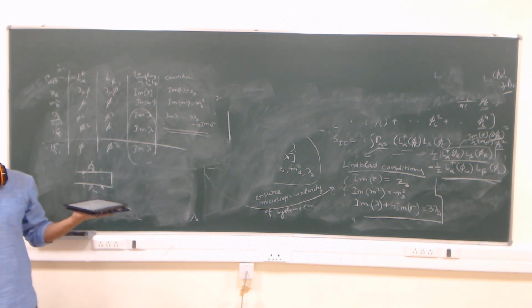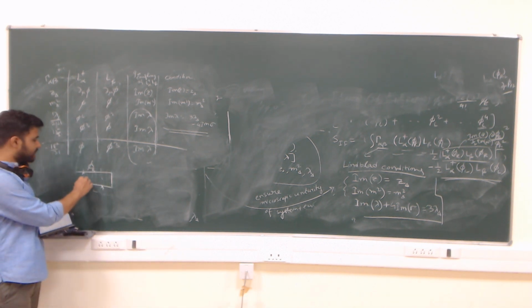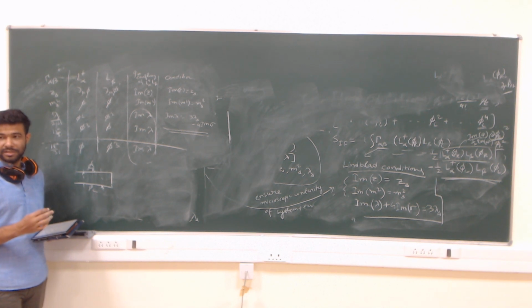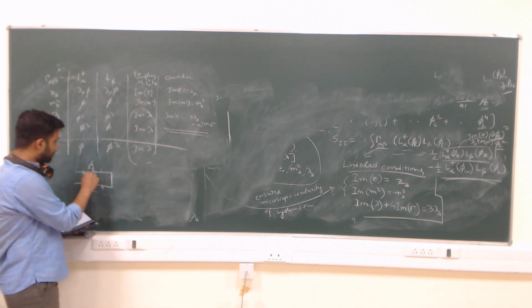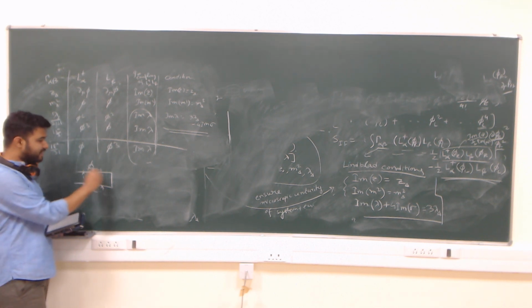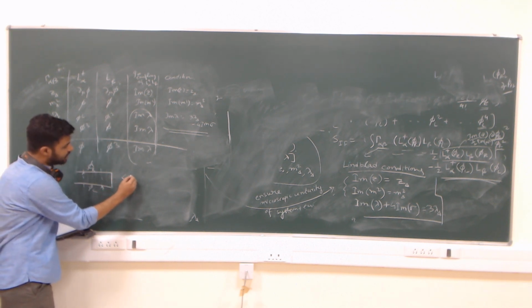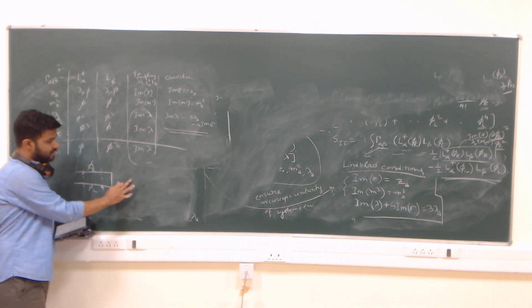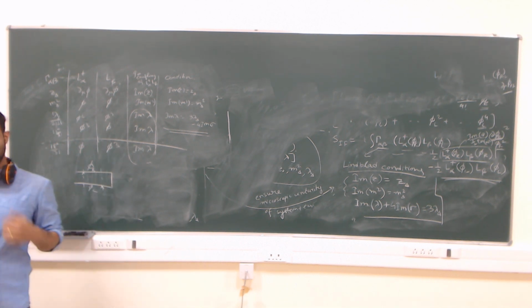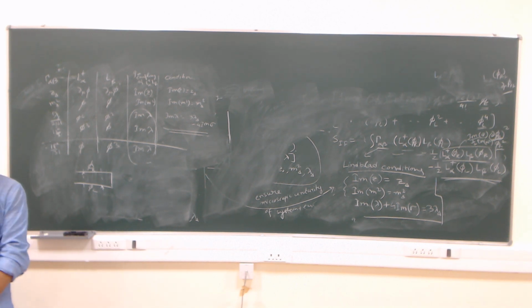If in the action you don't have that term, then you can still deal with this kind of operator insertions, but they will not be mixed. I mean, the operator insertions you can always make, then it will just be non-time ordered. Yeah, correlation function, you can take any 2 correlation functions.